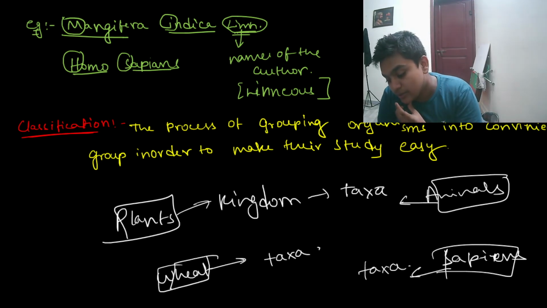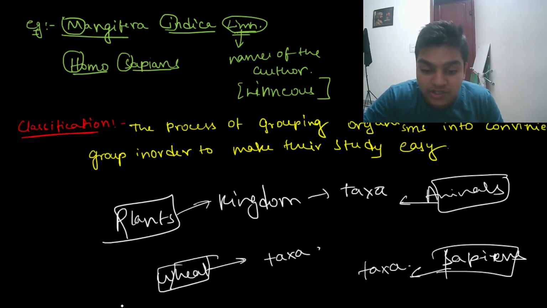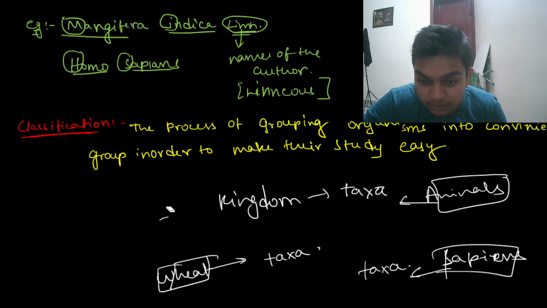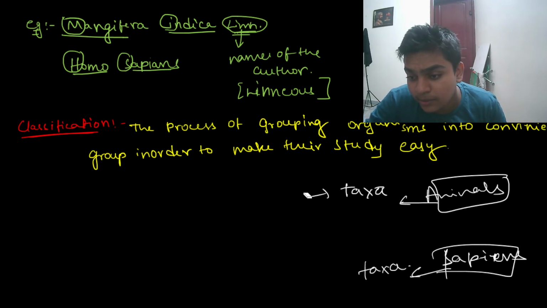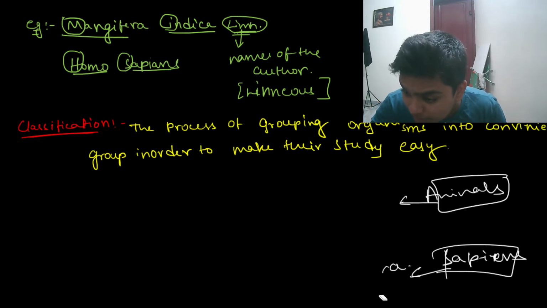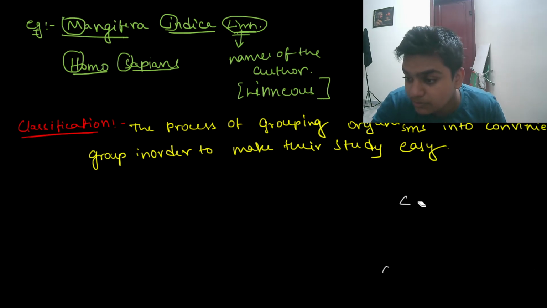Hence, based on the characteristics of living organisms, they can be classified into different taxa, and this process of classification of living organisms into different taxa is called taxonomy. Okay, now write that definition. Taxa is not important, just underline the line in your NCERT.